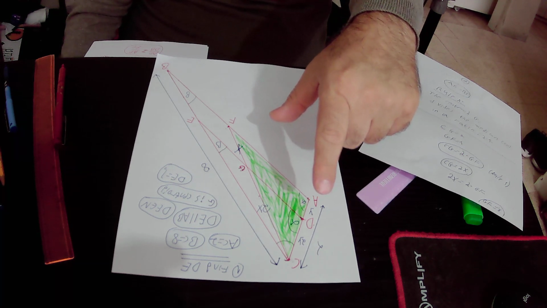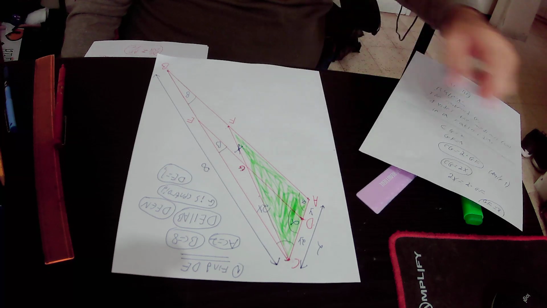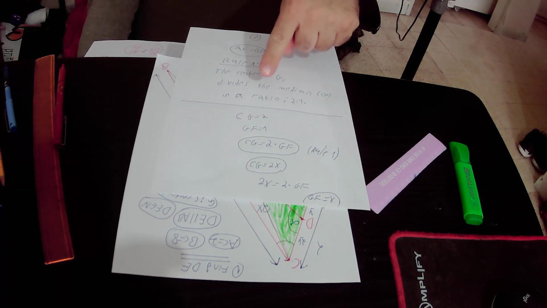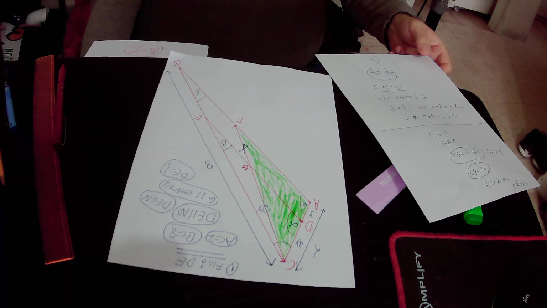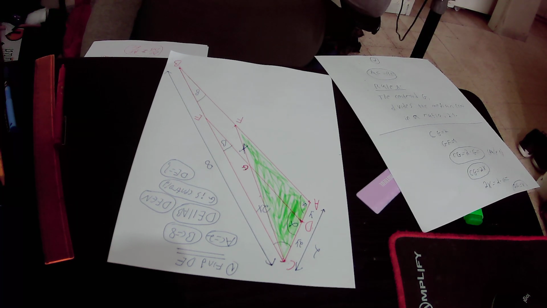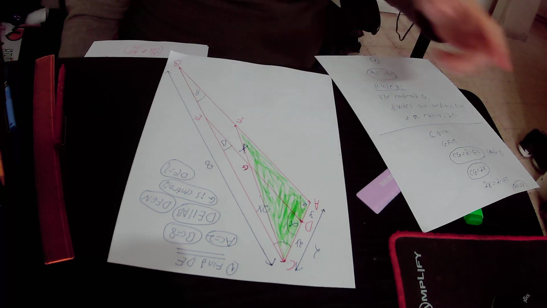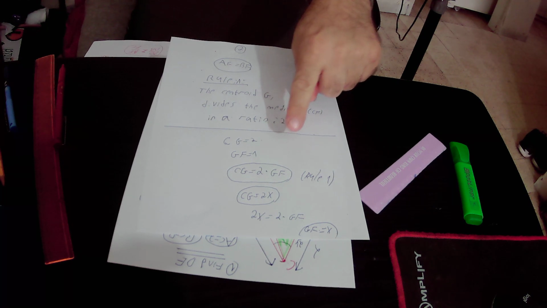That is to say, if CG equals 2 units, then GF will be equal to 1 unit. According to rule number 1, CG is twice as large as GF. So we can write down that CG equals 2 times GF.